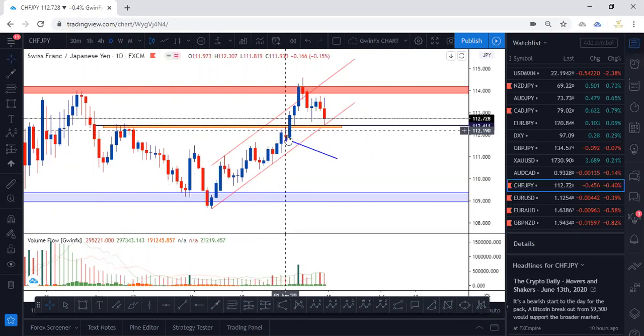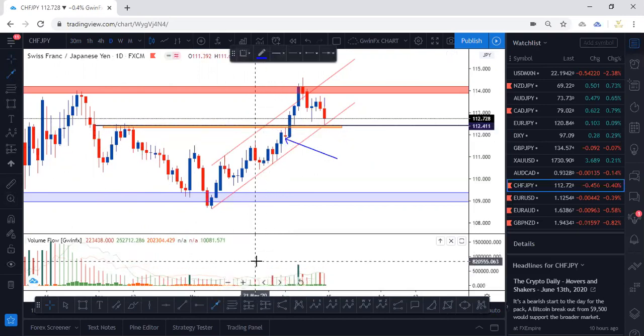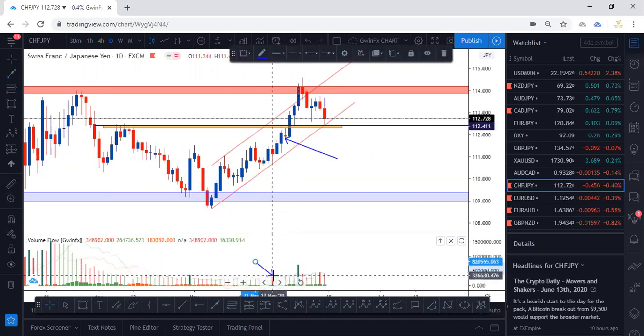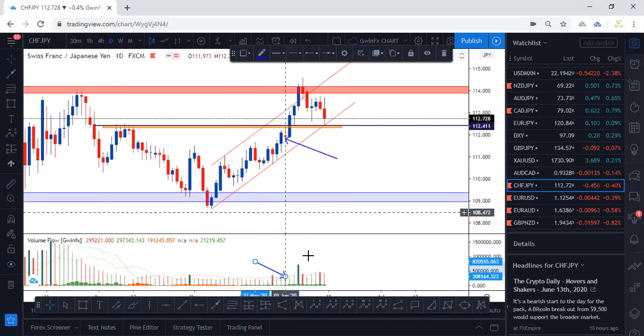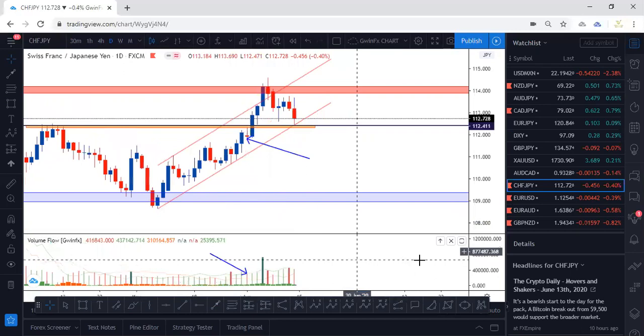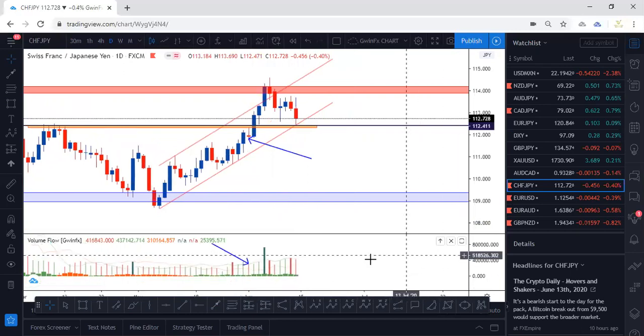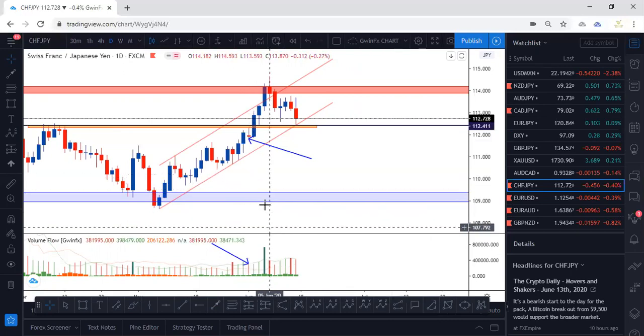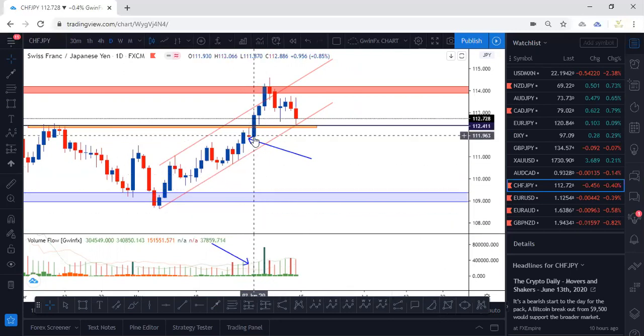You can see that in the massiveness of the volume here. They tried to sell back to this structure for a retest, and that did not happen. So the bulls then took over the market and pushed price.